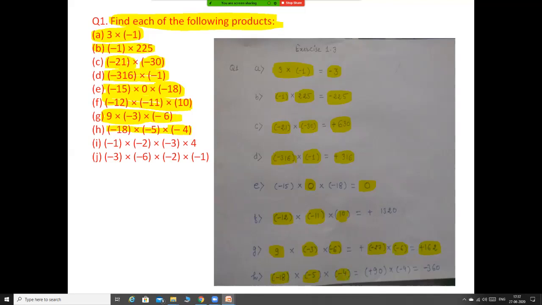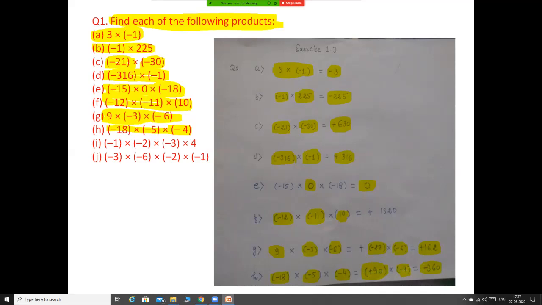First of all, multiplying minus 18 and minus 5, 2 times multiplication, answer is positive. Then minus 4 is left. Plus 90 into minus 4, answer is minus 360. So my dear students, I part and J part you will solve yourself.